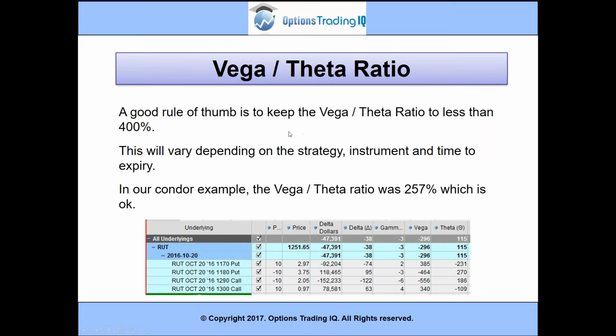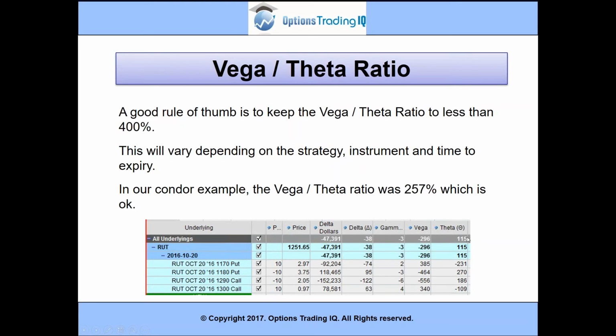A good rule of thumb is to keep the Vega theta ratio to less than 400%. Now, these rules are going to vary depending on the strategy, instrument, and time to expiry. In our Condor example, the Vega theta ratio was 257%, which is okay. It's a really simple calculation: Vega as a percentage of theta, and we're well over double.